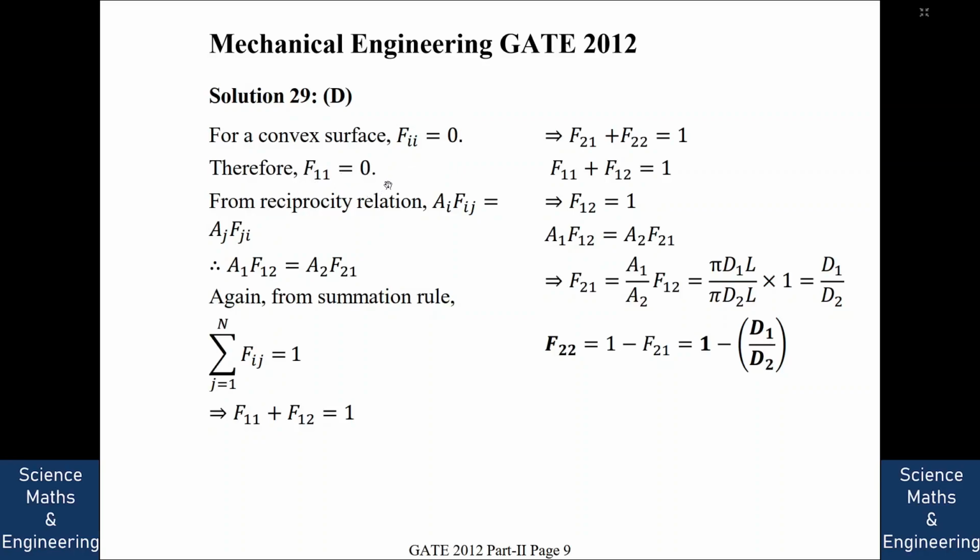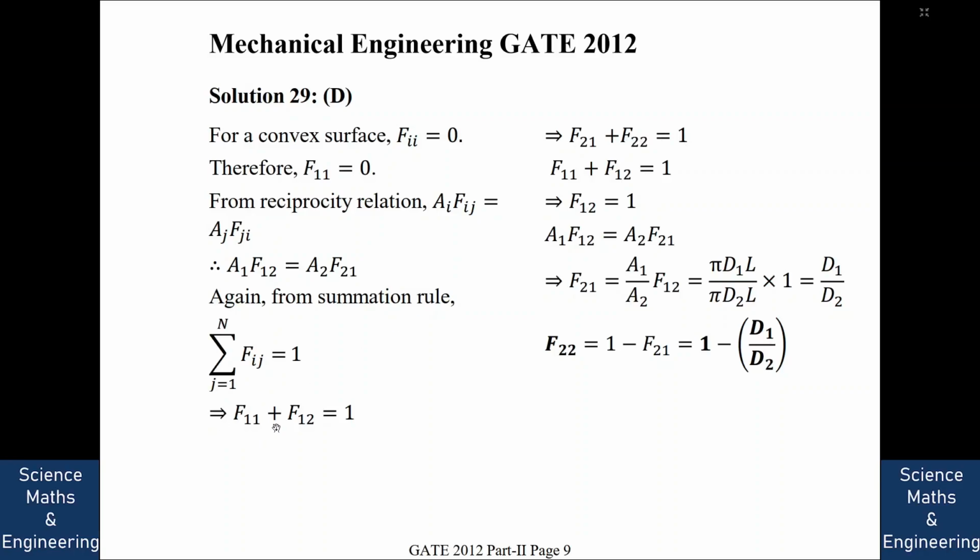So F11 is 0. Now from our reciprocity relation, Ai into Fij is equal to Aj into Fji. So A1 into F12 is equal to A2 into F21. And then we have the summation rule, which says that F11 plus F12 is equal to 1, and F21 plus F22 is also equal to 1.